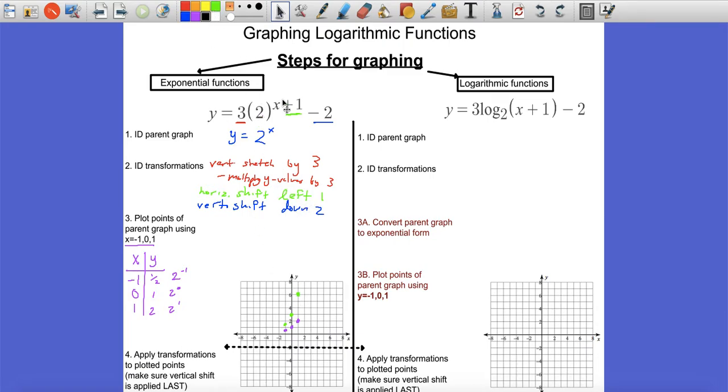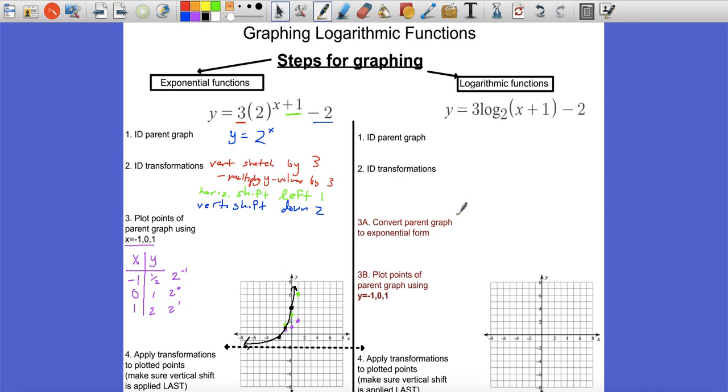So left 1, down 2; left 1, down 2; left 1, down 2. So those black points are our final answer. So we just pass through each of those and follow our asymptote. And that right there is how we graph an exponential function.